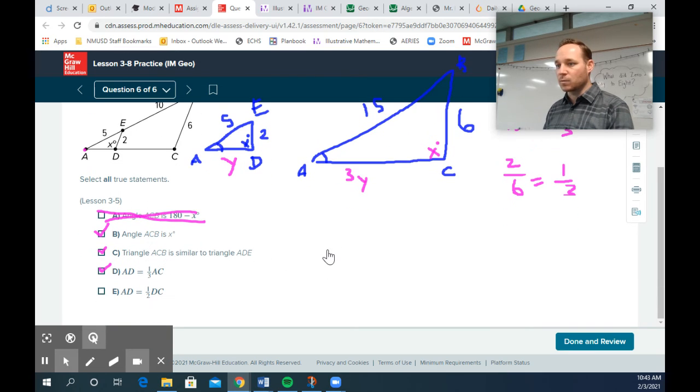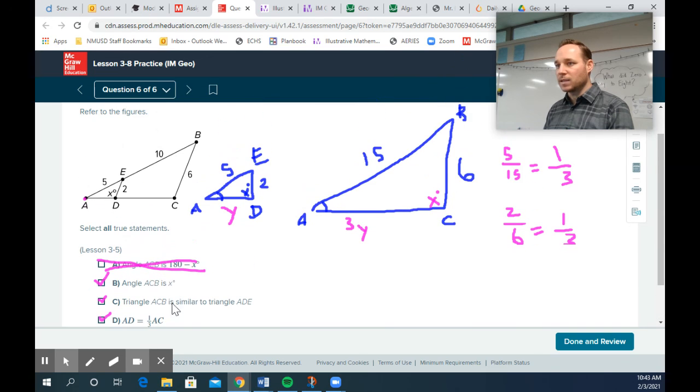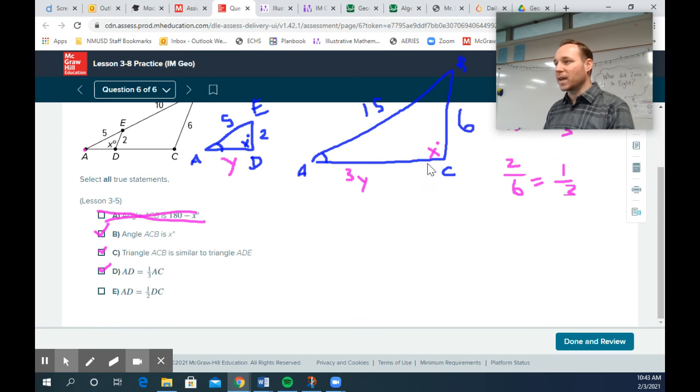And the very last one, let's see, AD equals 1/2 of DC. AD, DC. So we can't look at this one on here. We have to look at it on here. And we'll do an easy one. We'll say this is 1.